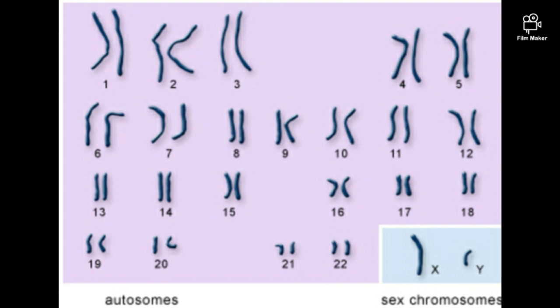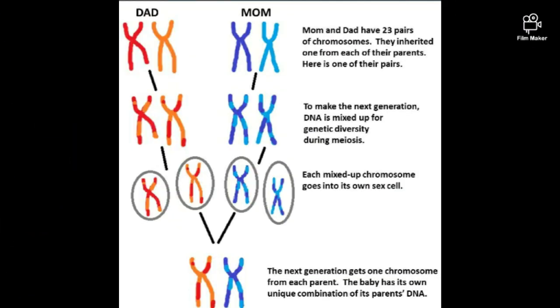So during the process of cell division, in the reproductive cells, these chromosomal pairs get separated and the gametes which are formed consist of only one allele of the gene pair.